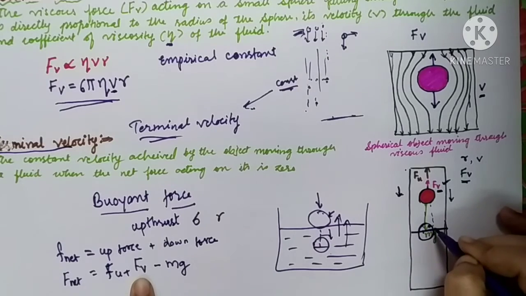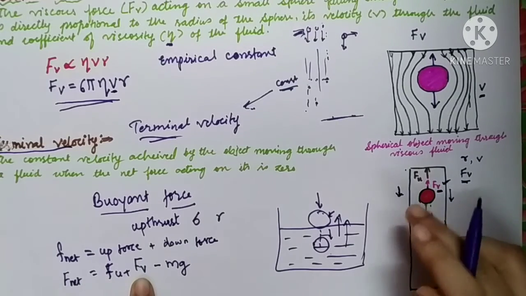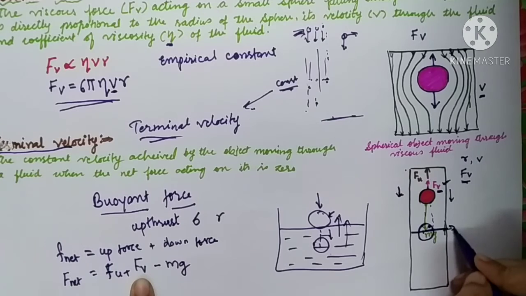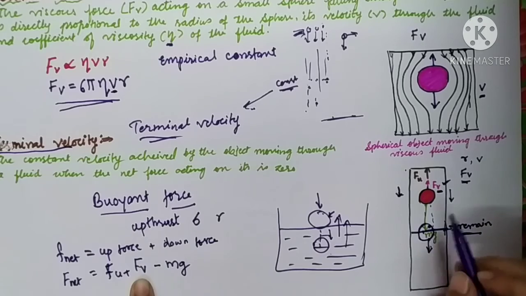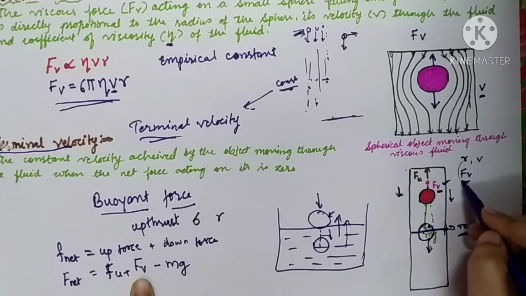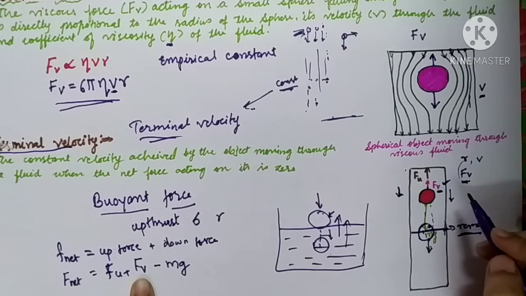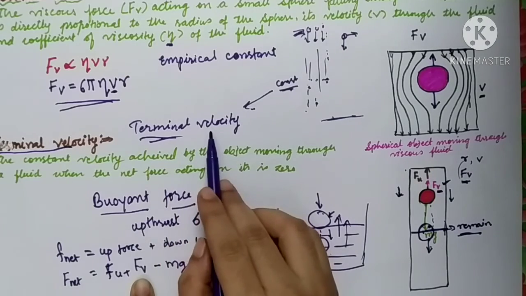After that, the velocity of the sphere is not going to increase. It will remain constant. Once it attains the constant velocity, this sphere will move very smoothly at this particular stage. So this constant velocity achieved by the sphere when the net force acting on it is 0, or when the total upward force is balanced by the downward force, is called the terminal velocity.